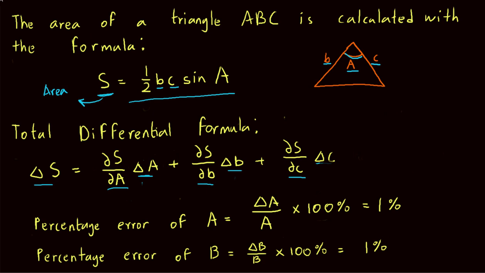The same thing for C: the percentage error for C is 1%.